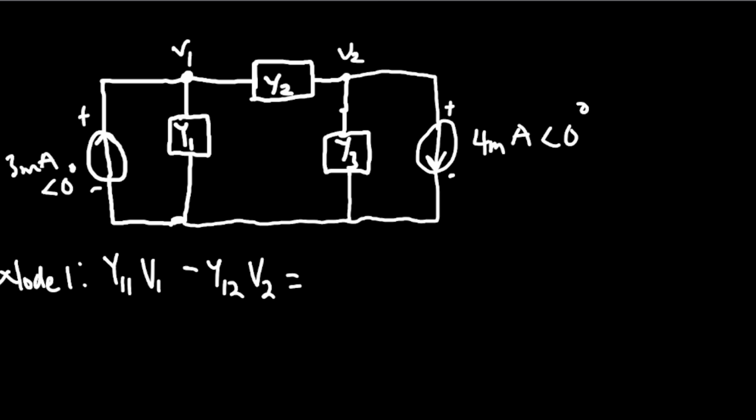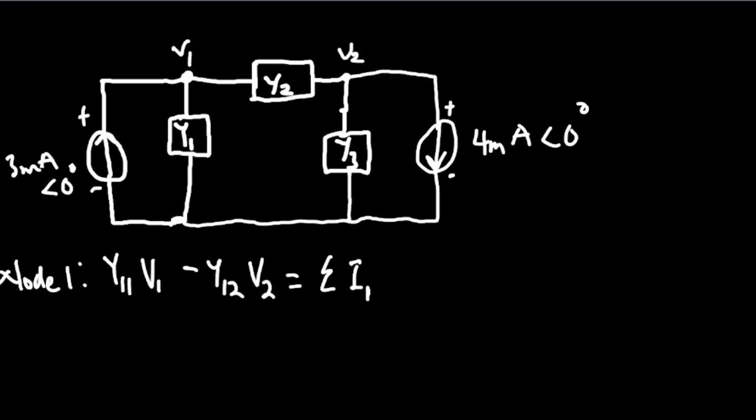This should be equal to the sum of the currents meeting at node 1. Y11 is telling us all the admittances meeting at node 1, this is our node 1. Which admittances are meeting there?